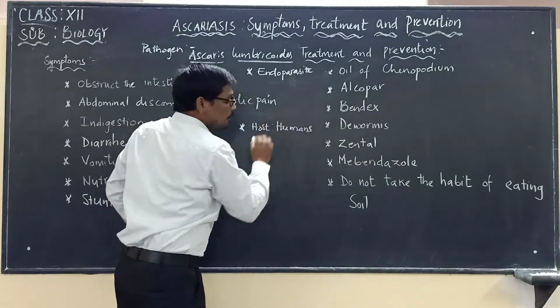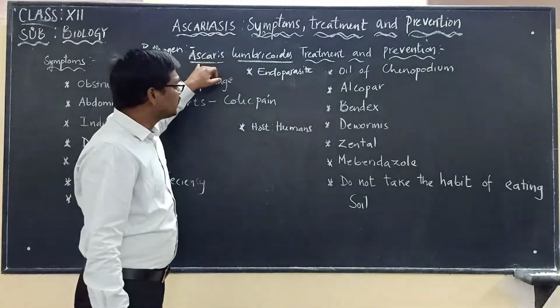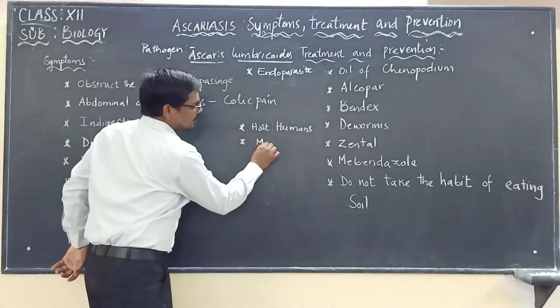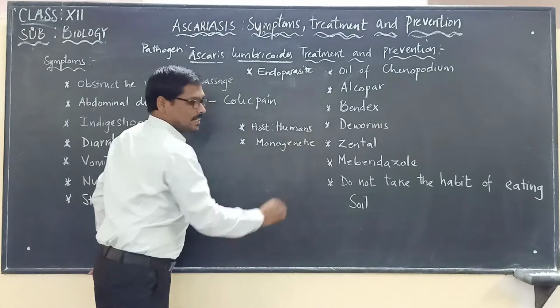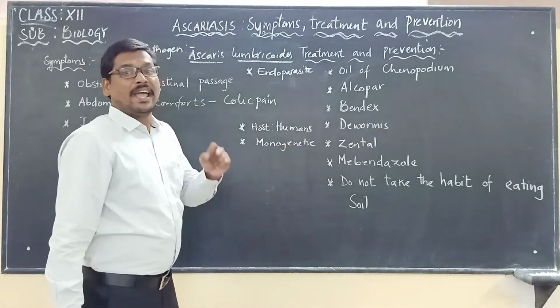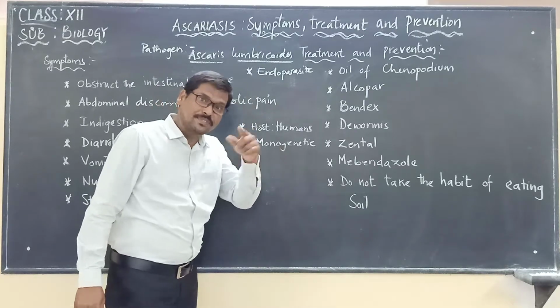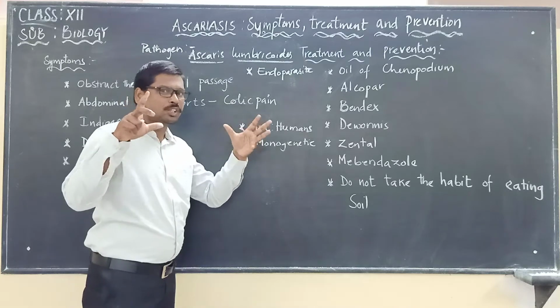And one more very important point we have to keep in mind is that Ascaris lumbricoides is known as monogenetic. Monogenetic means a pathogen which completes its whole life cycle within one host only. It will not be using two hosts.